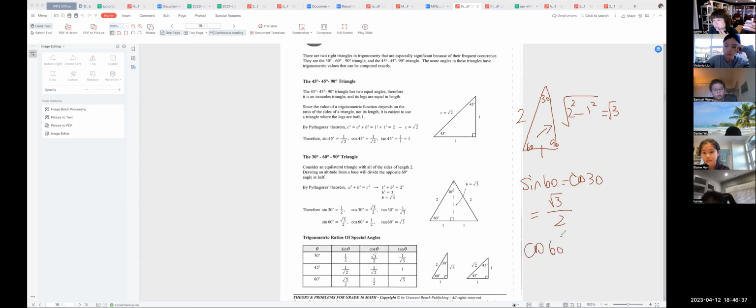And cosine 60 equals sine 30 equals 1 over 2, adjacent divided by hypotenuse, right? And tangent 60 equals square root 3 over 1, which is square root 3. And you can find tangent 30 too. Get it, everybody?